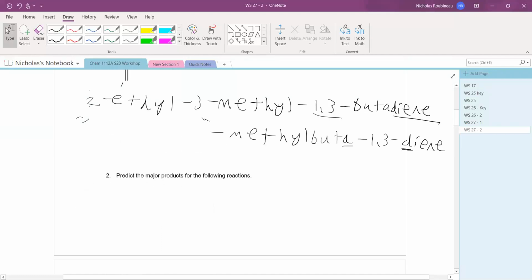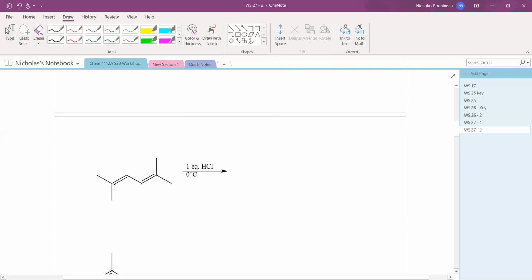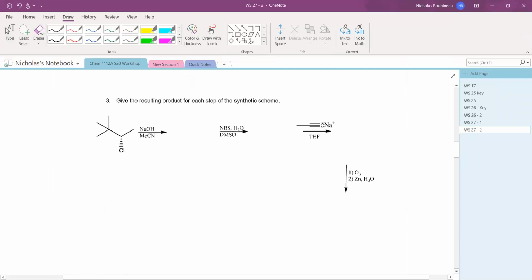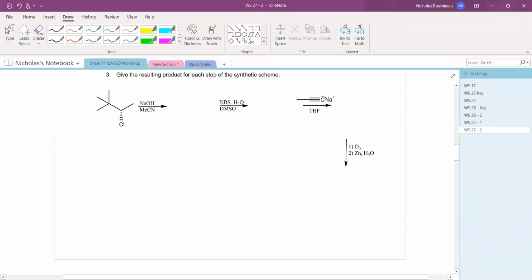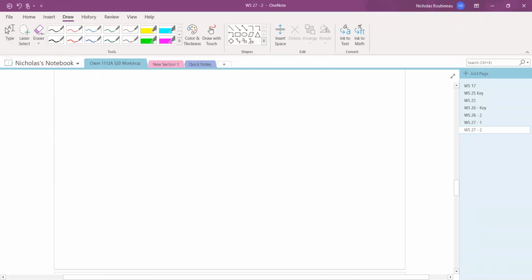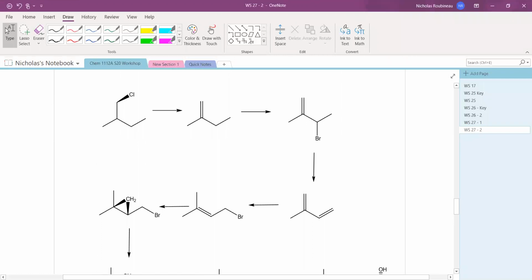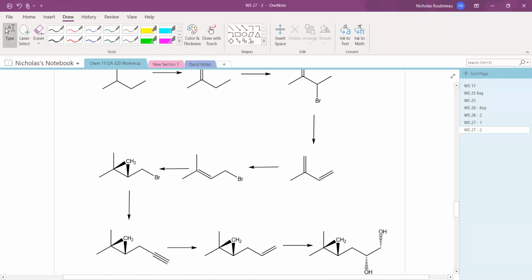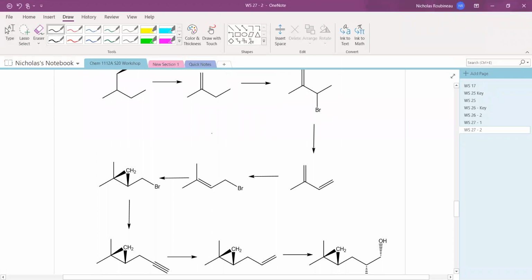So that's just one example. I don't want to go over everything, like I said, and a lot of these we can't name, so let's just do this in terms of naming, and then I'll go over some R and S stuff, and then alkene stereochemistry.